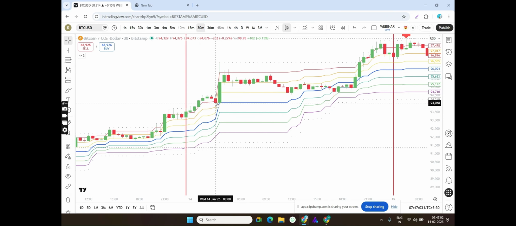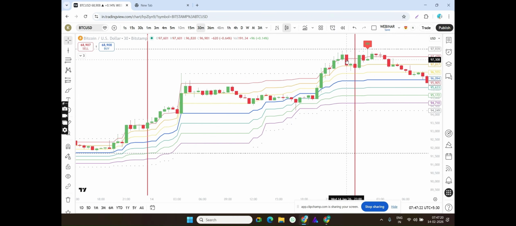So from here till here could be one trend. We got a short trade here whose stop loss was hit as per the percentage, and you got another entry here and an exit here.